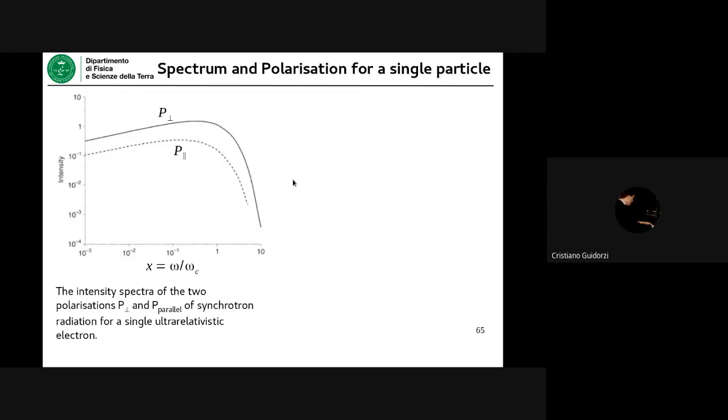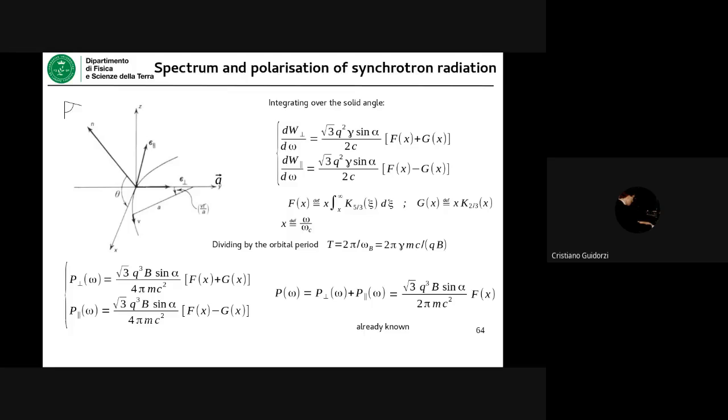So let's have a look. If one plots the two powers, so the two spectra, as a function of frequency, you see the only dependence on frequency is through the F and G functions, but F and G just depend on the ratio between the generic frequency and the critical frequency.